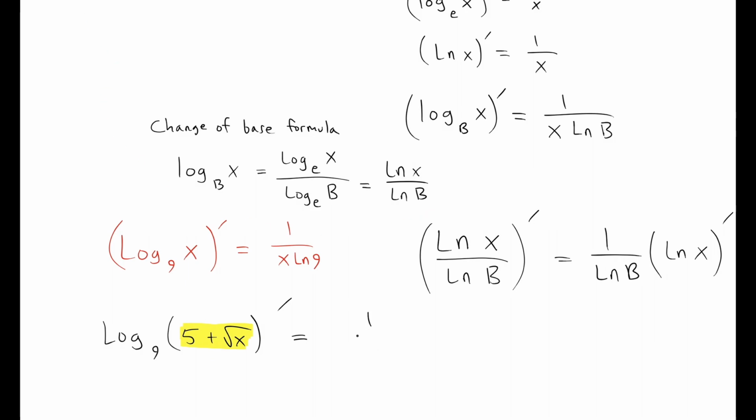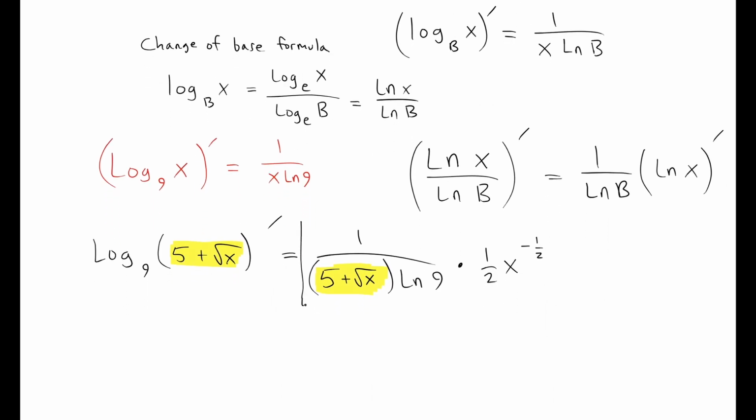What we'll do is put the stuff that's in the chain down below, and then multiply that by ln of the base that we didn't want, the 9. That's the ln b part. That's not completely finished because of the chain rule. We also have to multiply by the derivative of the inside, which would be 1/2 x to the negative 1/2. And so this should be our derivative.